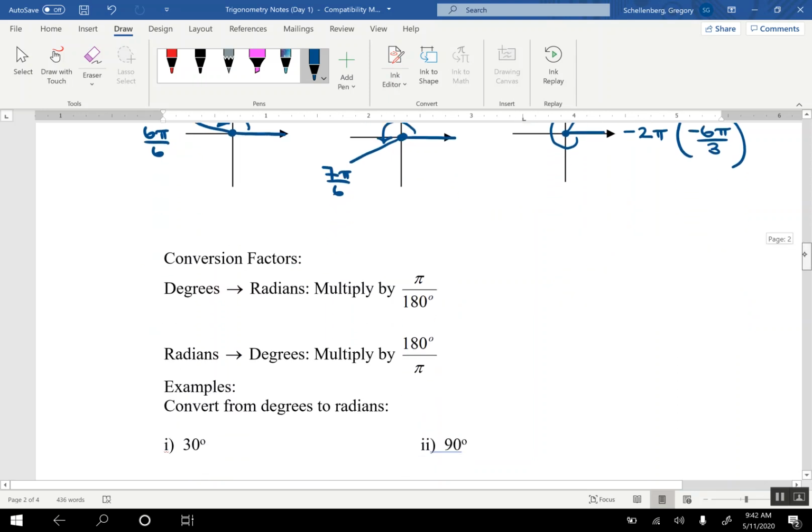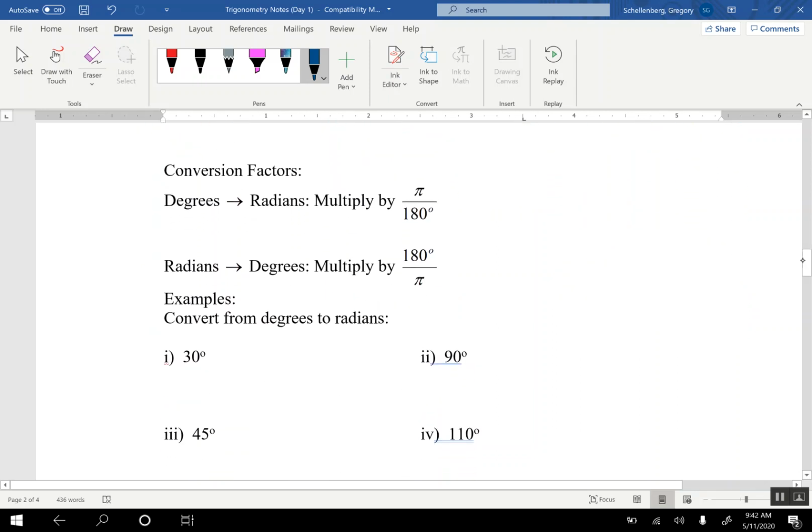Okay, so here are our conversion factors. If we want to convert an angle from degrees to radians, we're going to multiply that angle by pi over 180. And if we want to convert from radians to degrees, we're going to multiply that angle in radians by 180 over pi.